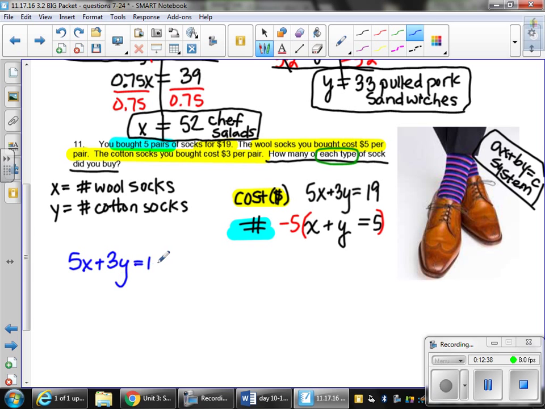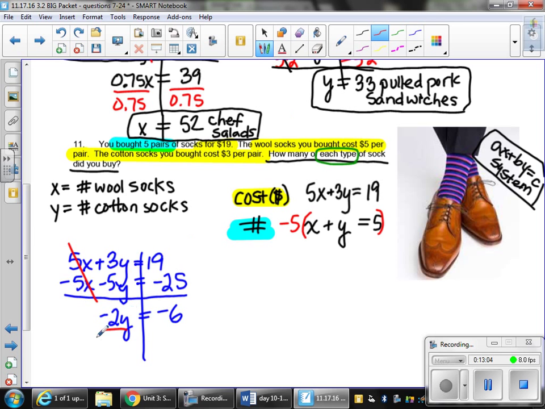That one did not change. The second equation becomes negative 5x minus 5y equals negative 25. The x's will cancel. 3y minus 5y is negative 2y. 19 minus 25 is negative 6.